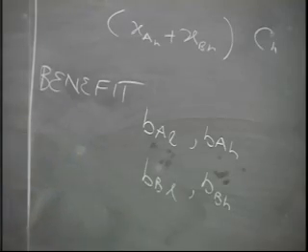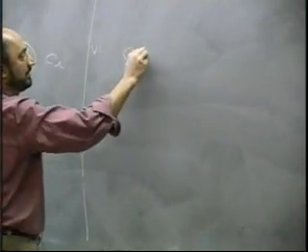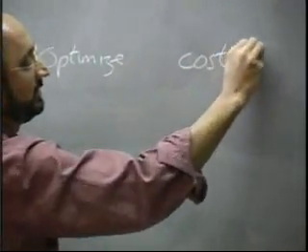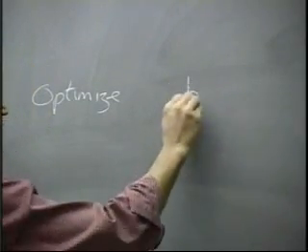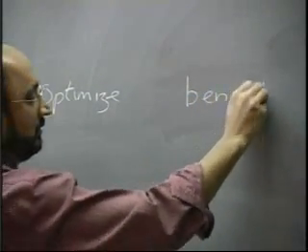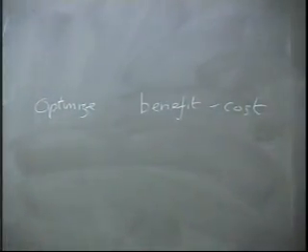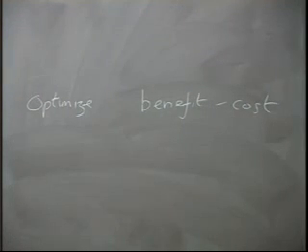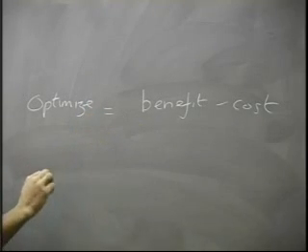So if you have this, then we can define the following. Typically we want to optimize benefit minus cost. You want to say, this is how much benefit, it comes at this cost, so I want to maximize the benefit minus cost. Now we can write down the benefit minus cost like this.